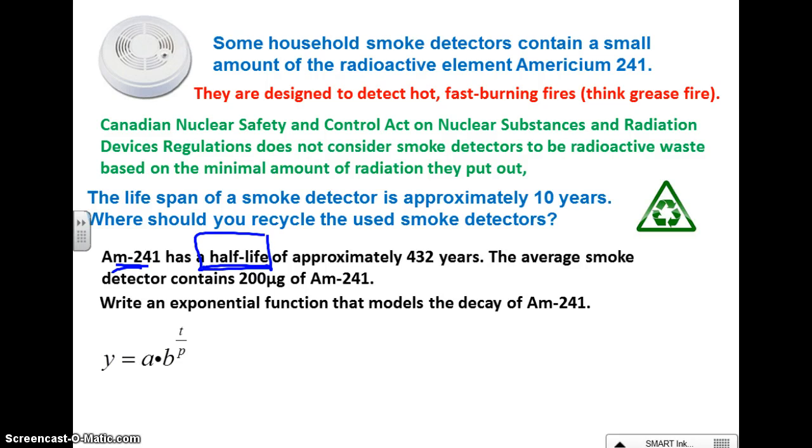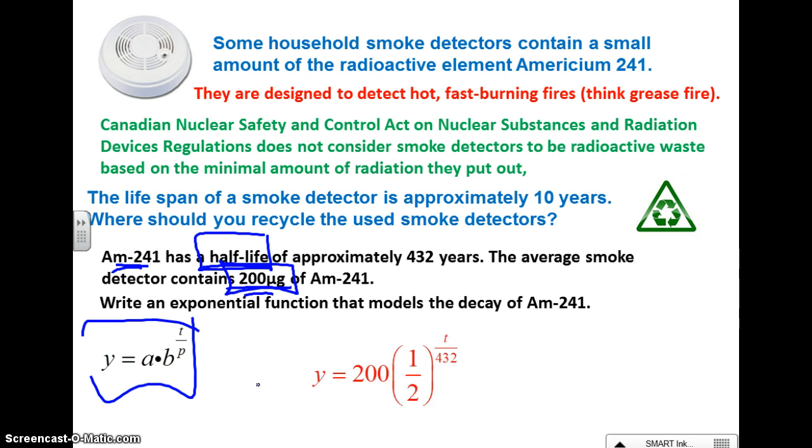And so the average smoke detector contains this much, and we're trying to put this context into an equation that we can work through. So in this particular context, we weren't looking to answer a specific question. We were just trying to write a function that would model the decay of Am-241.